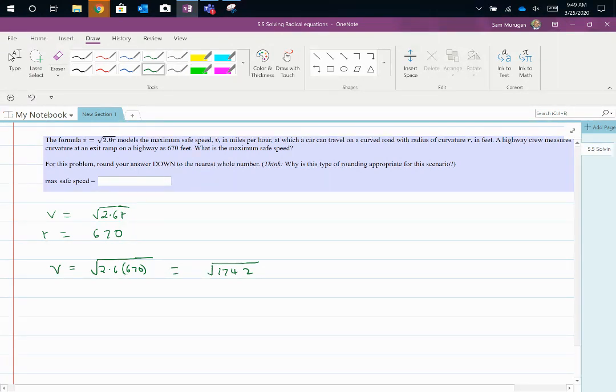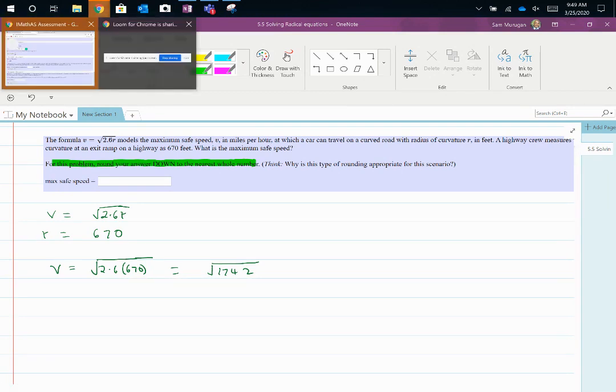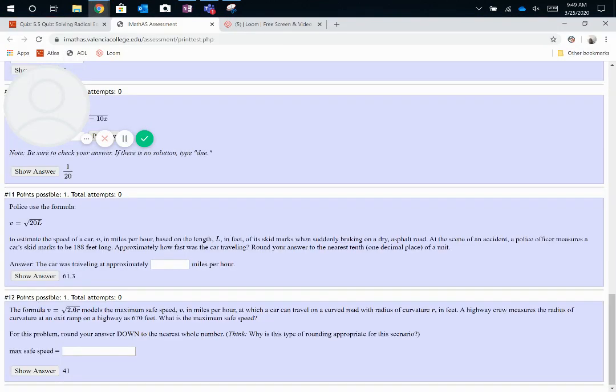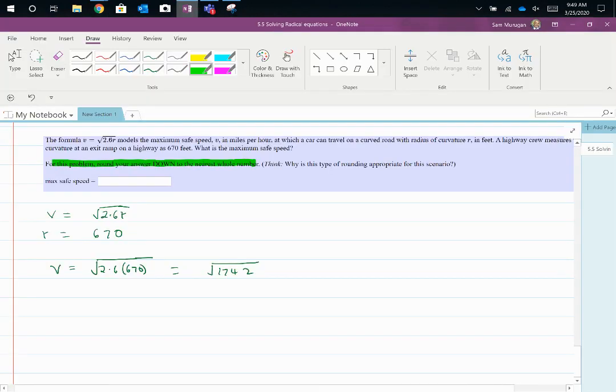And they specified here to give the answer down to the nearest whole number, down to the nearest, not up. So let me just check and see that the answer I have here is 41. Yes, that's correct.